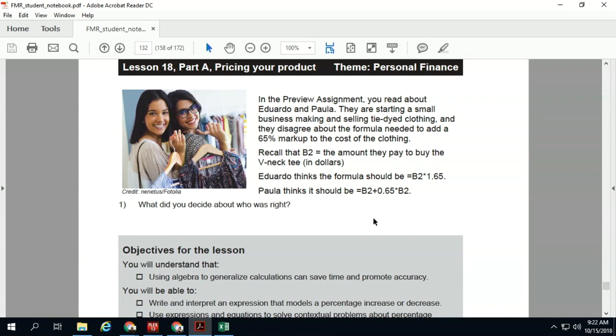This problem involves translating from English to math.